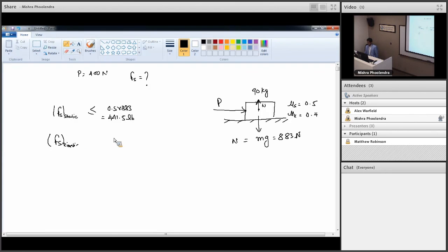And let's also understand the F friction kinetic is going to be 0.4 times 883, right? And how much we get if I do 0.4? 353.2. Oh, these are all Newton, not pound, right?